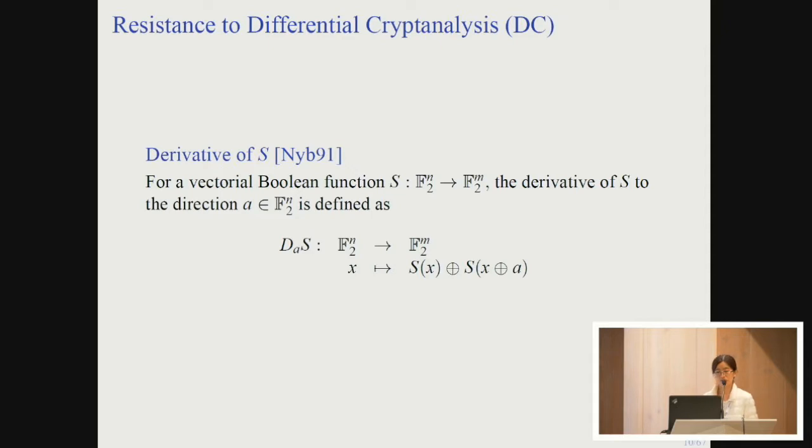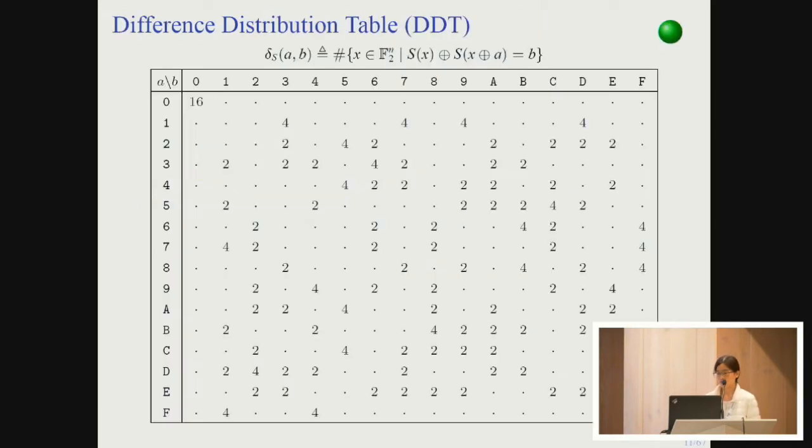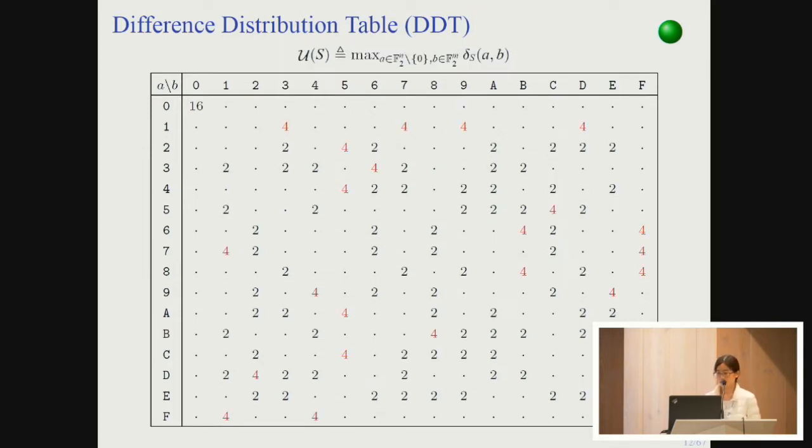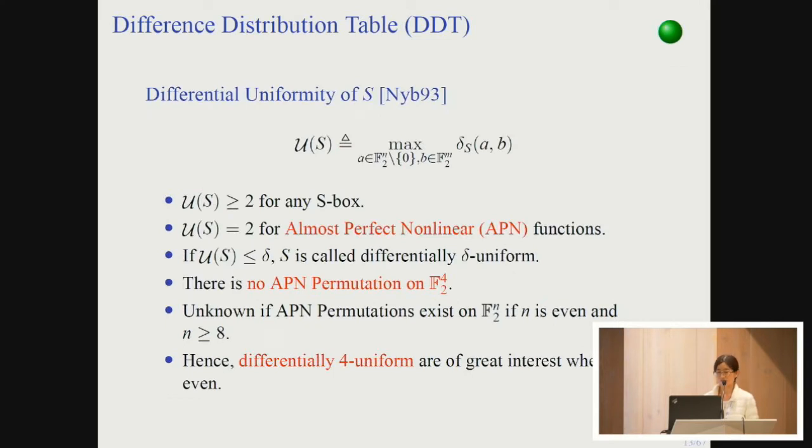So let's look into the security aspect. With respect to the resistance to differential cryptanalysis, the property of the derivative of the S-box can provide some quantification of the strength of the S-box. The solutions of the derivative equation can be formed into this well-known difference distribution table, and Pagan will compute the maximum in this table, which is known as the differential uniformity.